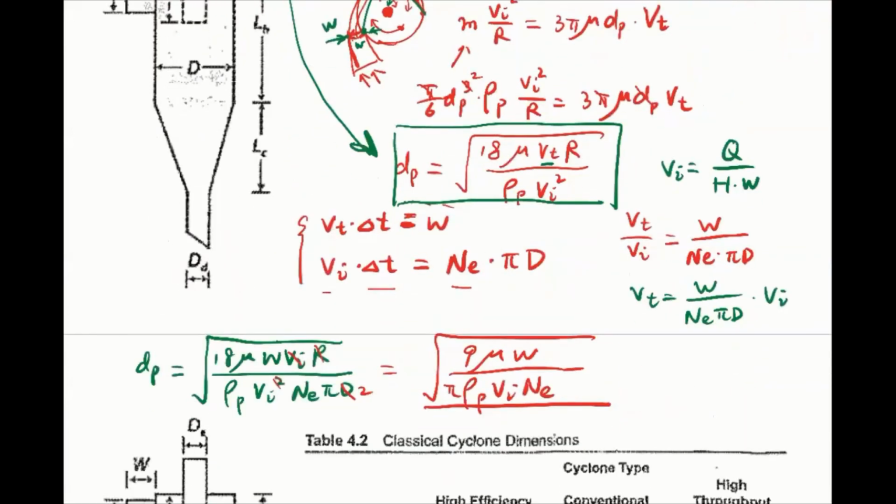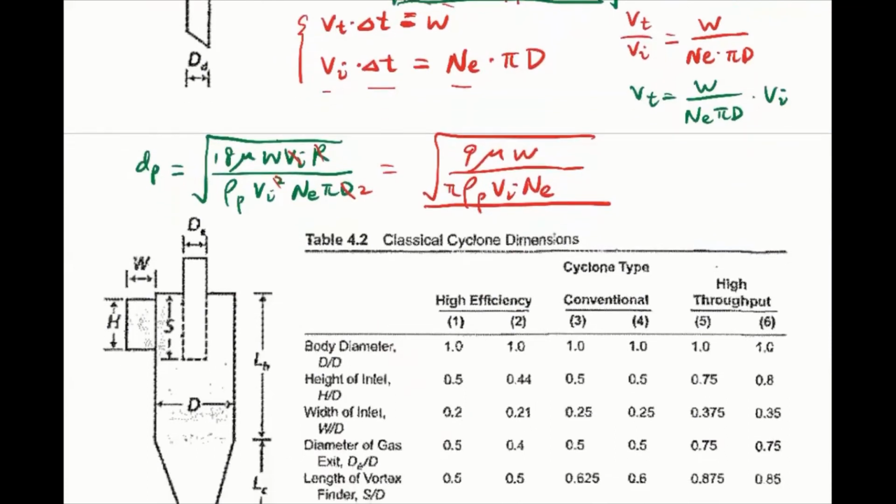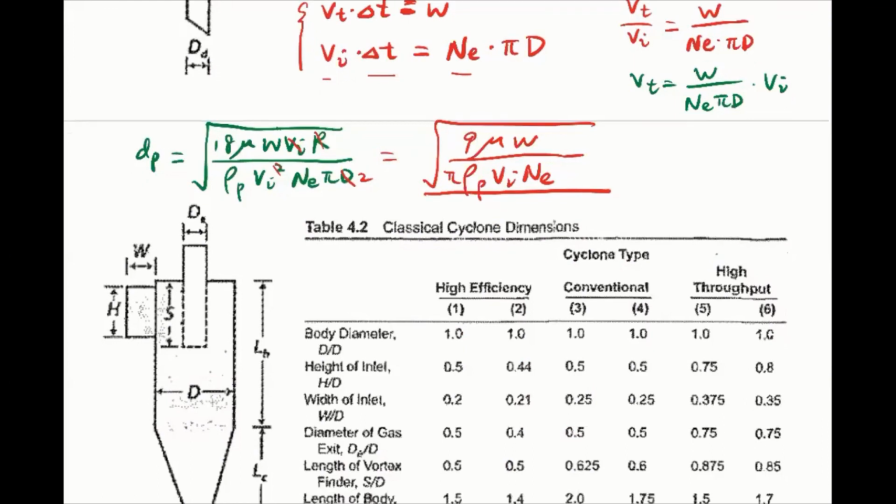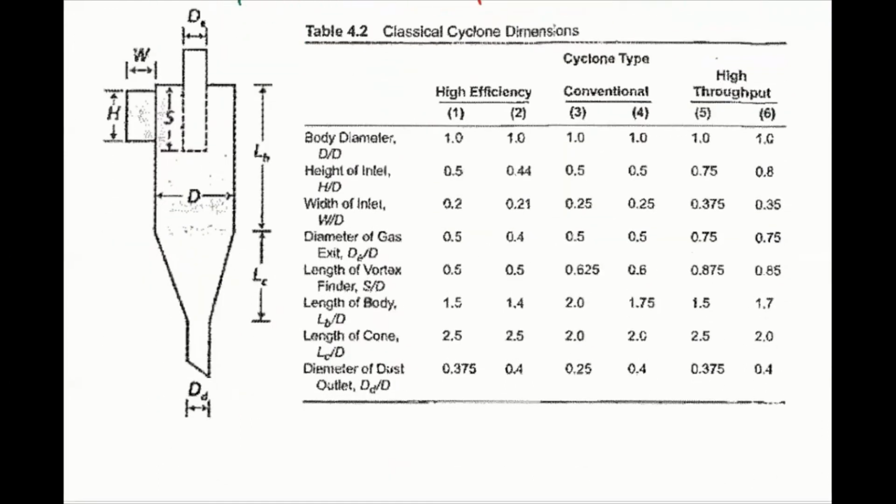Okay. So in terms of the real design of the cyclone, or the real industrial application of the cyclones, people won't come up with their design randomly. So here it's showing a table. So this is showing the classical cyclone dimensions. And people can choose whether they want high efficiency cyclones, or conventional cyclones, or high throughput cyclones.